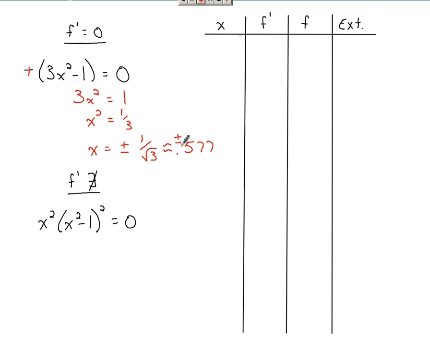On the does not exist side, all right, we've got x squared times a quantity that's squared. Now, for this x squared right here, as far as a solution to this equation is concerned, one of our x's is going to be 0. Now, you've got this quantity squared right here that's also equal to 0.